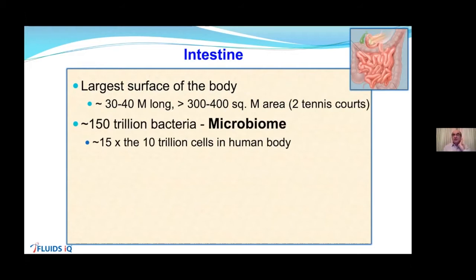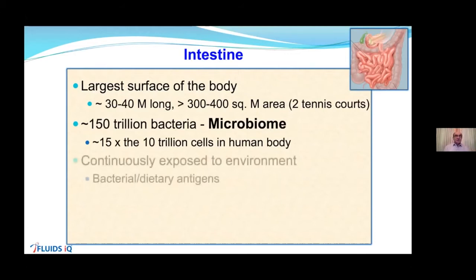If you start looking at the protozoa or the fungi or for that matter, the virome, which are the viruses, they are 100 to 1,000 times that of the bacteria itself. So suffice it to say that there are more of these little critters in the gut than there are stars in the universe. So it's a massive area, continuously exposed to the environment.